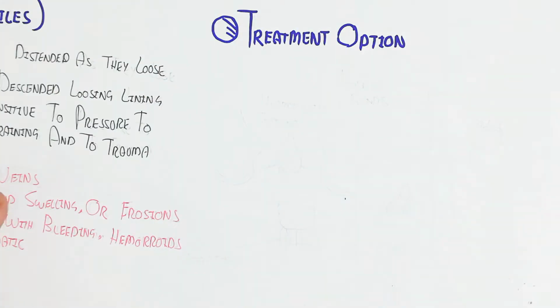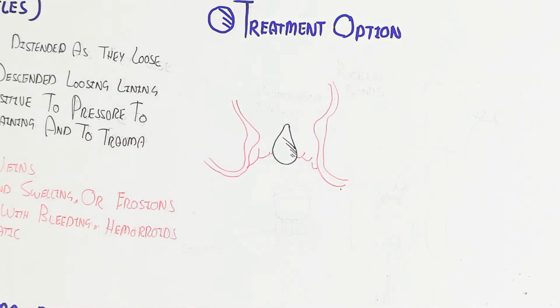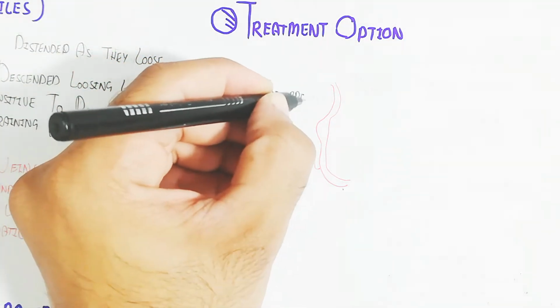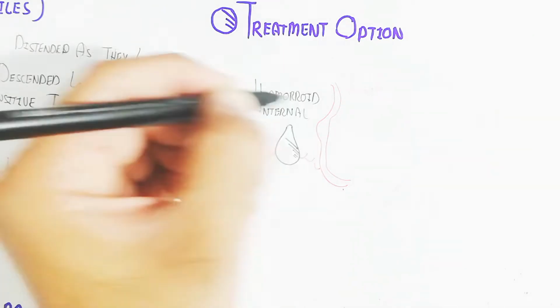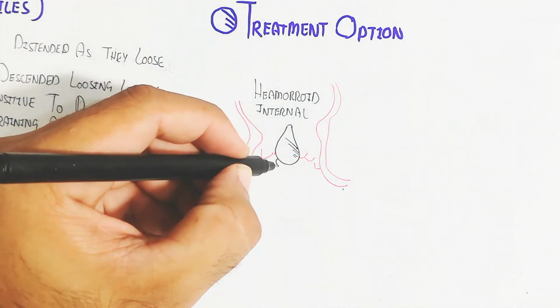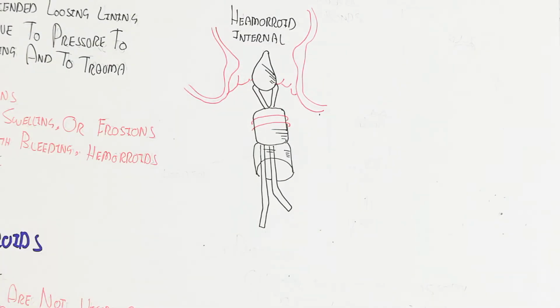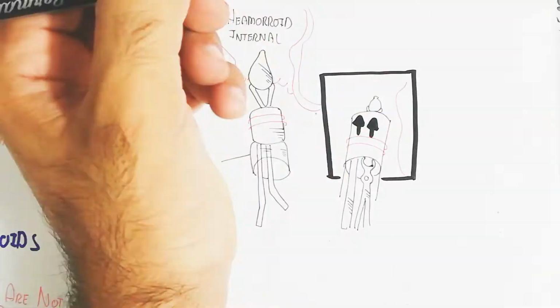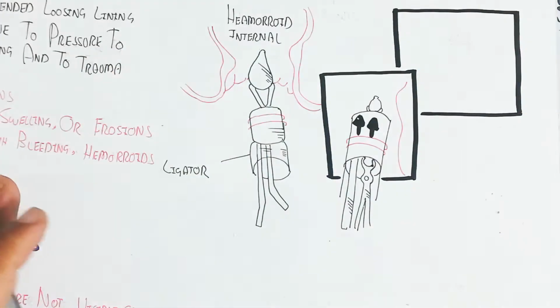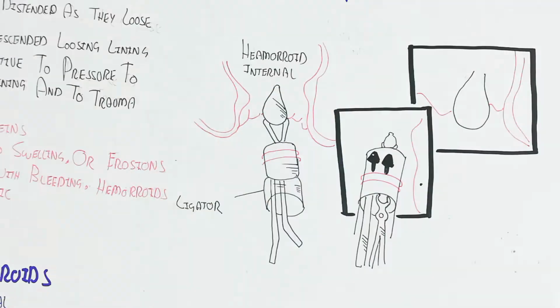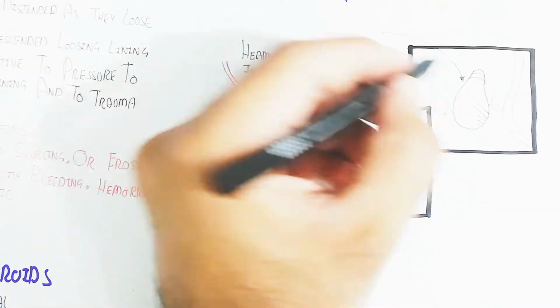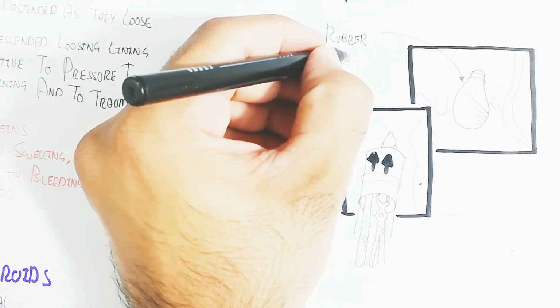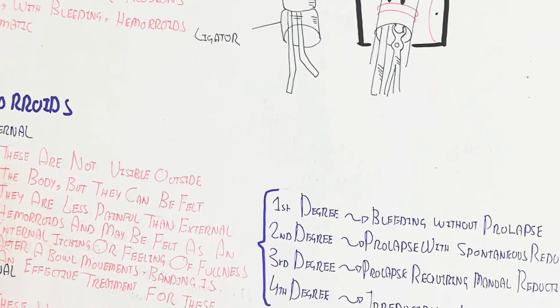Before the diagnosis, we will understand the treatment option. For internal hemorrhoids a ligator is used to ligate, and the rubber bands are used to collapse the lump, and in this way bleeding can be inhibited through this mechanism. Remember that before the treatment, diagnosis is a must.